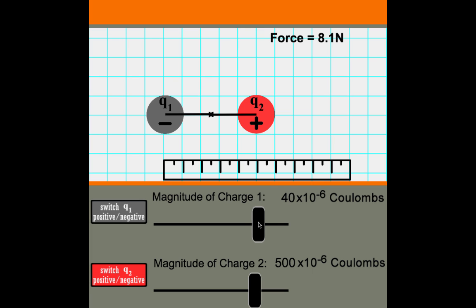You can't really get between those two, 7.9 to 8.1. Anyway, it goes up to roughly 8 newtons, or quadrupling, because we doubled both. And changing the type of charge on one of these just makes them repel rather than attract.